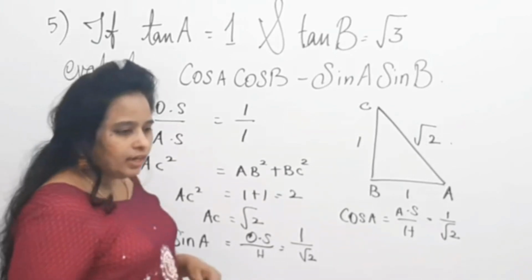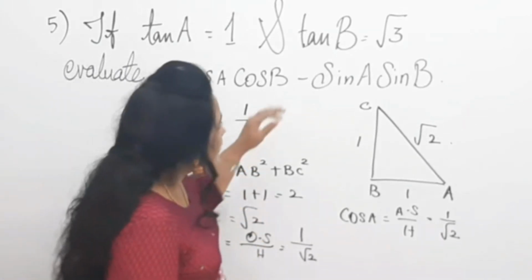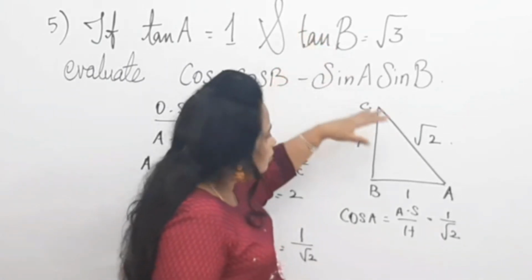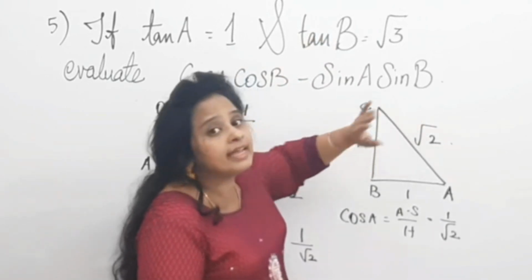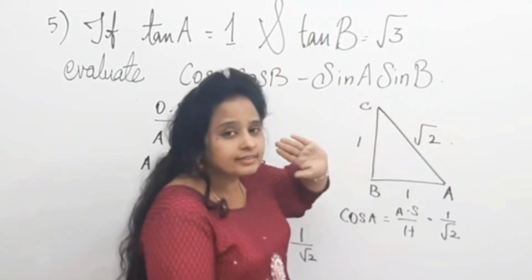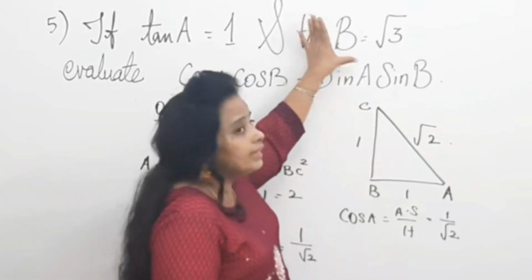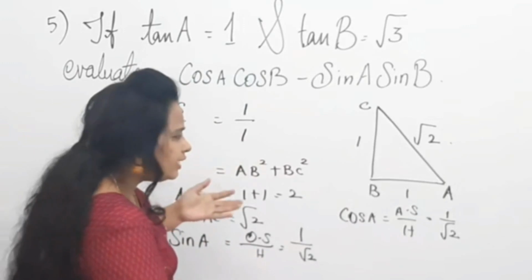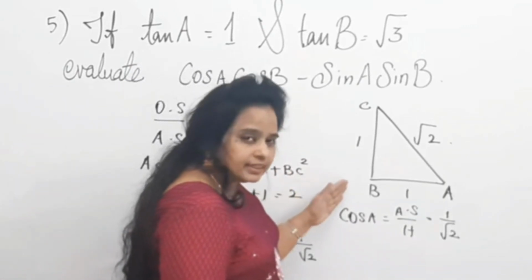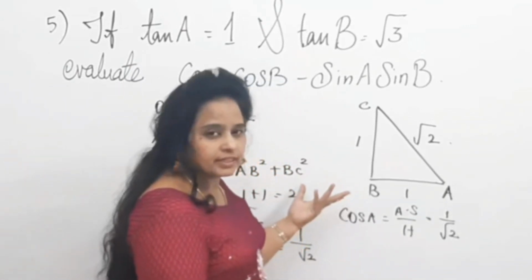In this, children, you will understand that for my tan B, I'm not substituting the ratio in the same triangle. It is understood this is the ratio of another triangle. I have taken 90 degrees at B, which is understood. Why?